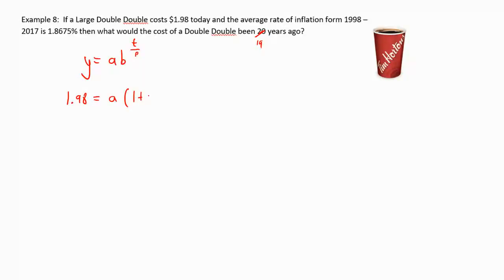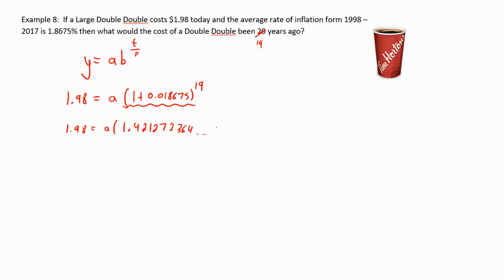Our rate is going to be 1 plus 0.018675 exponent 19. Now I'm going to figure out what this part is on my calculator. So we have 1 plus 0.018675 exponent 19. This is 1.98 equals A times 1.4212723364.